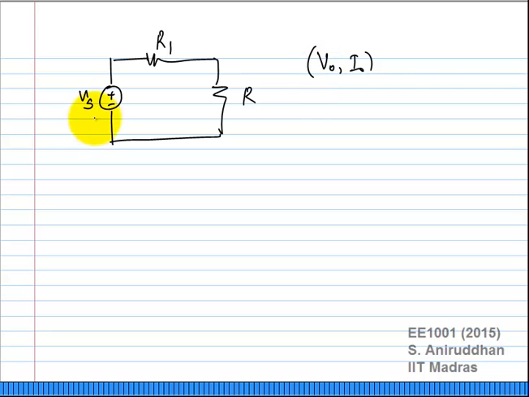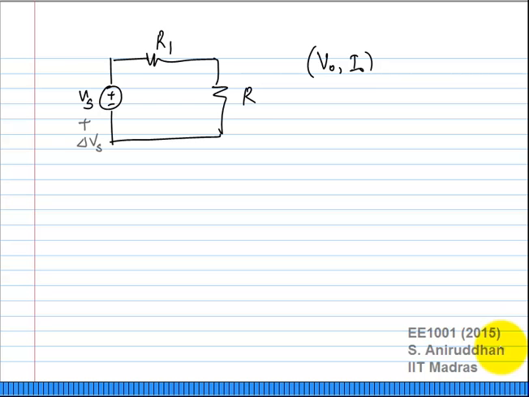Now I am telling you this has become Vs plus delta Vs. How would you solve this problem? If I told you I have a network, I know the solution when a source Vs is applied to the network. I want to find out what happens when Vs plus delta Vs is applied. How would you do it?